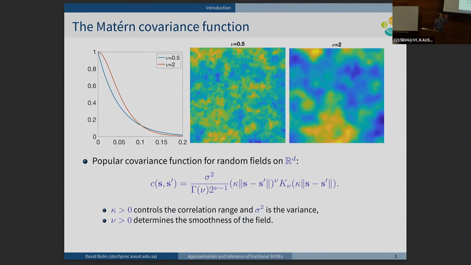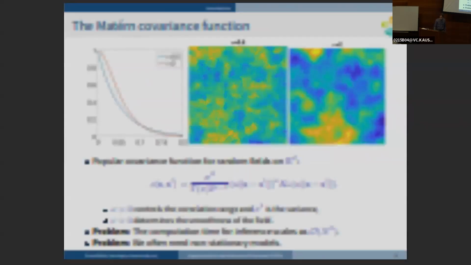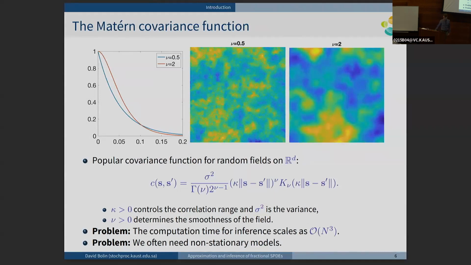So here you can see two examples of this covariance function and corresponding realizations. There are some well-known problems with this. The first one is that computation time for inference typically scales cubically in the number of observations. And the second one is that you often need non-stationary models.